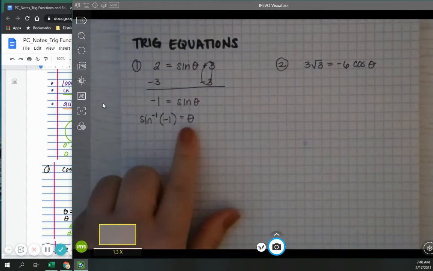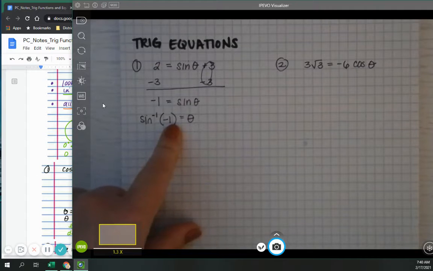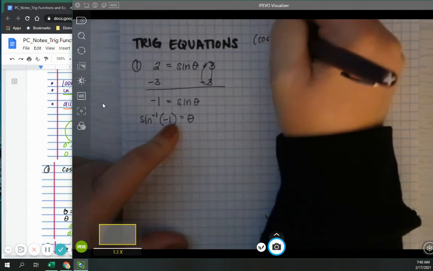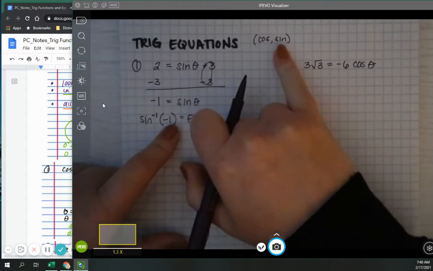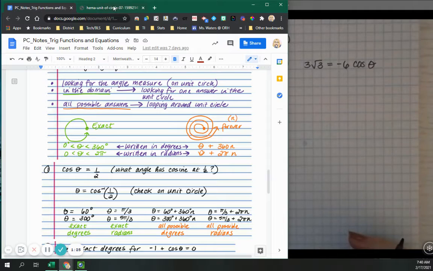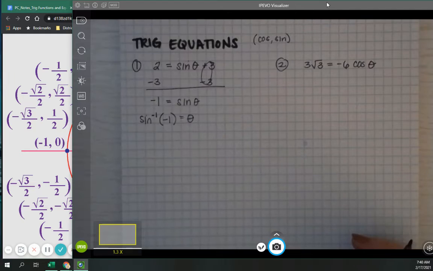I want to know where on the unit circle is sine -1. And just a general reminder, cosine and sine. So we're going to be looking for where that y value is -1. Coming up here, I'm looking for sine, my y value, to be -1, and it's right here at 3 pi over 2, which is also 270 degrees.